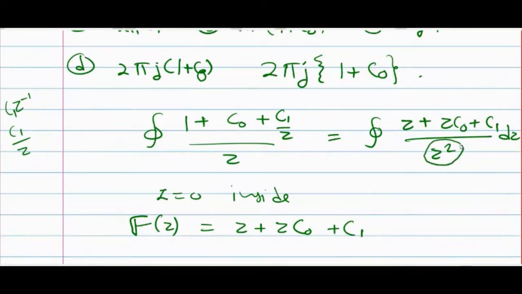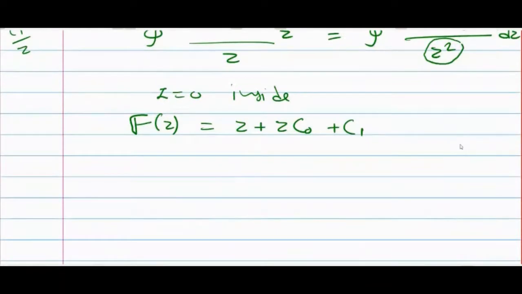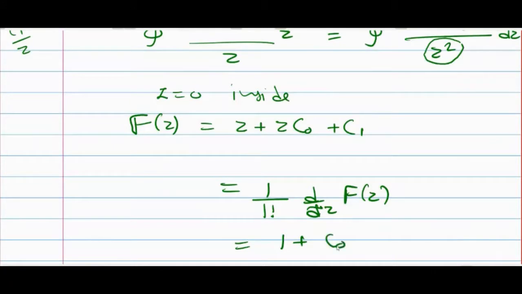When there is a square, we differentiate this term. Before that, 1 upon (n minus 1) factorial, that means 1 upon 1 factorial, d by dz of f(z). So the derivative of z with respect to z is 1, the derivative of z c naught is c naught, but c1 is a constant, so its derivative will be 0.